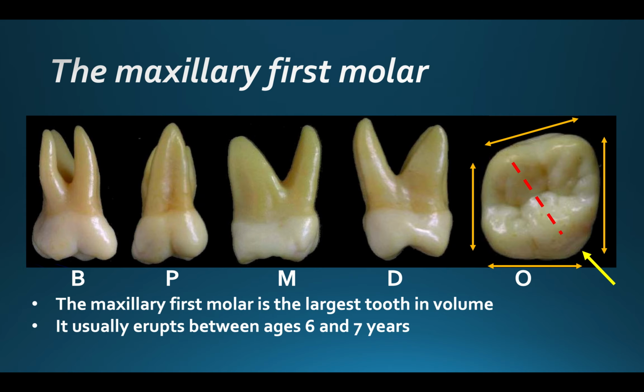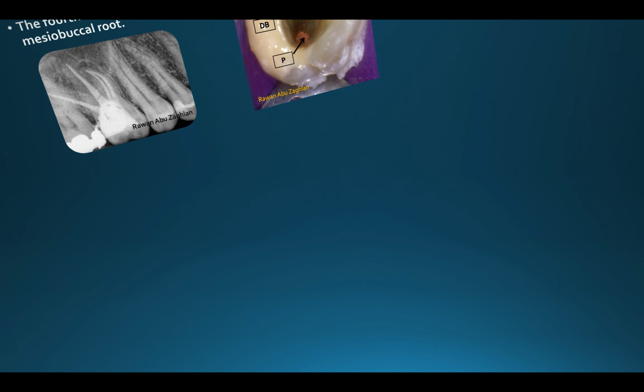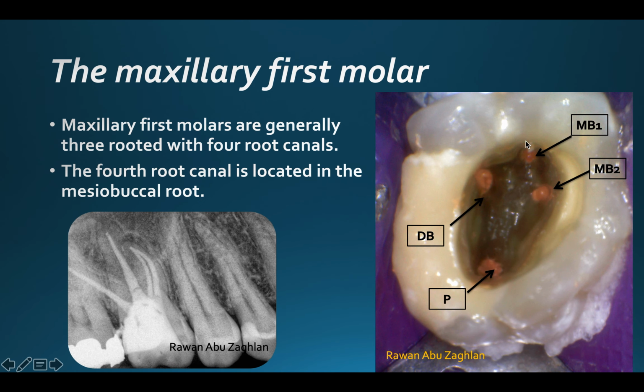The 4th root canal will be located in the mesiobuccal root. The mesiobuccal canal orifice is located under the mesiobuccal cusp tip. The distobuccal canal orifice is located slightly distal and palatal to the mesiobuccal orifice. Now, the palatal canal orifice is centered palatally.